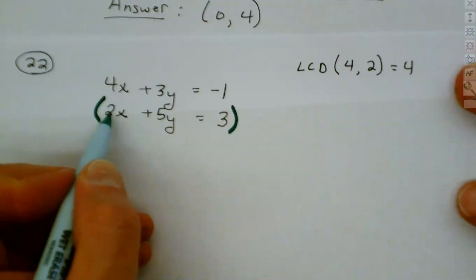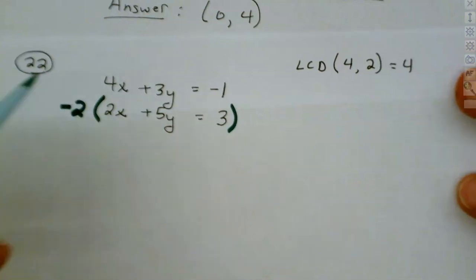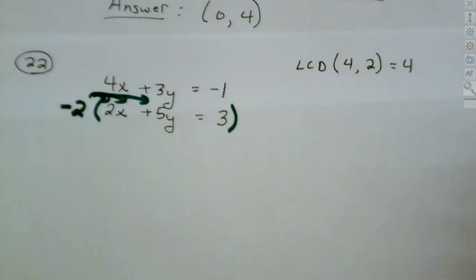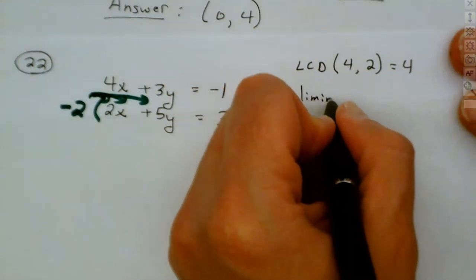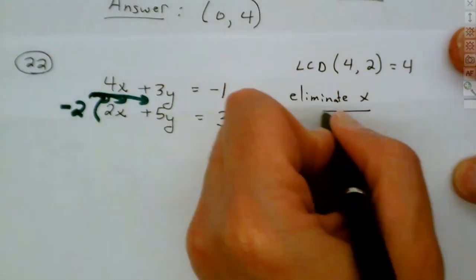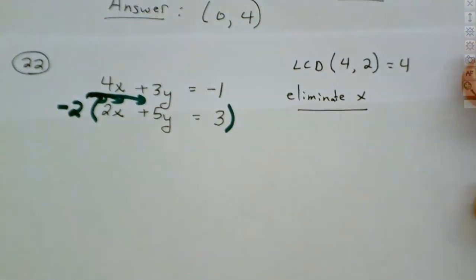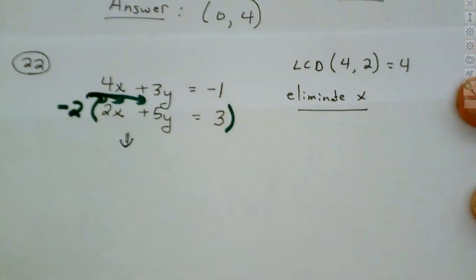Now this is a 2, so let's take our second equation and multiply it by a negative 2. And then we're going to rewrite it, and we're going to see what we have. So we're going to eliminate for x. It doesn't matter which variable you eliminate. You usually just want to choose whichever one's easiest.